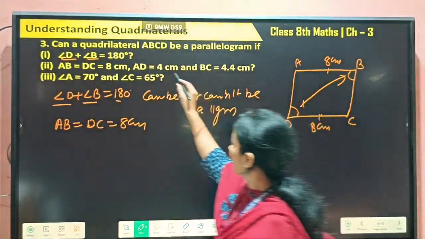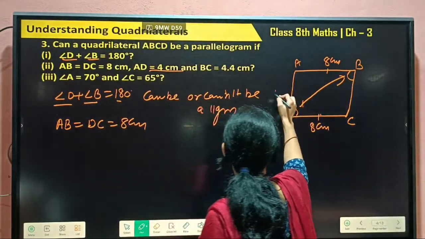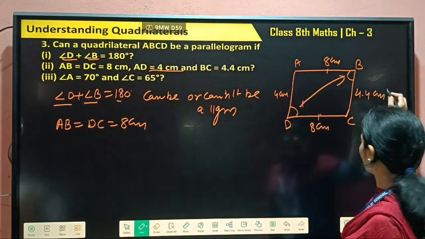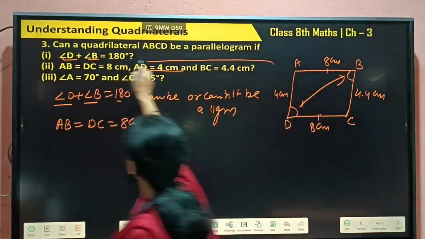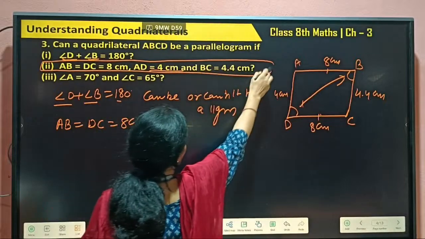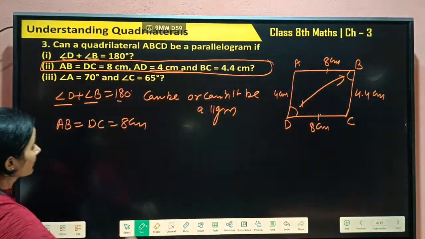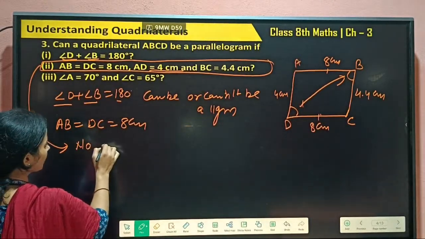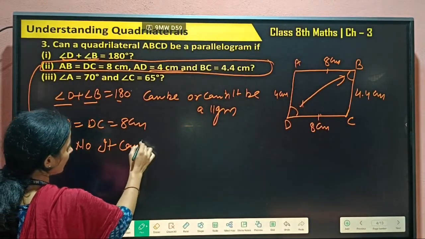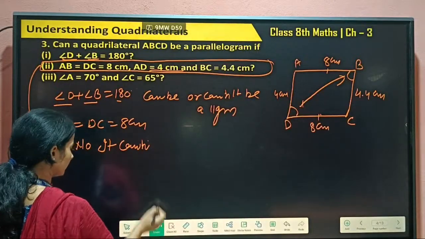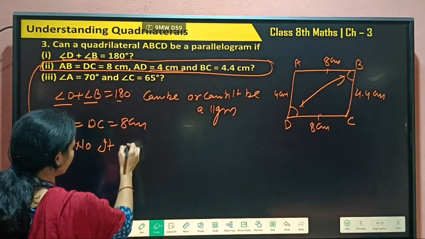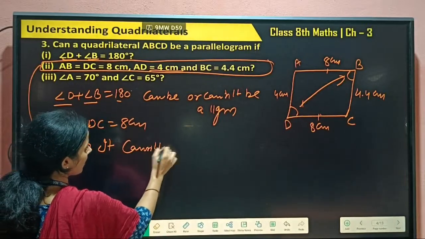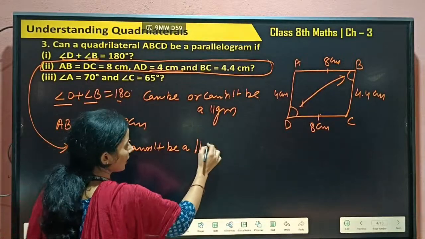Next condition is AD is 4 centimeters and BC is 4.4 centimeters. So with this condition, this quadrilateral ABCD cannot be a parallelogram.